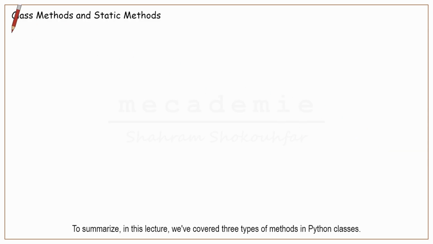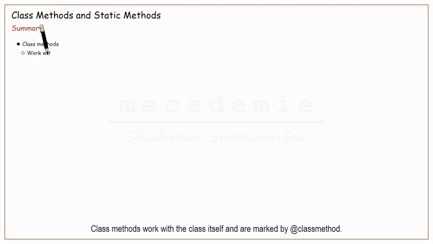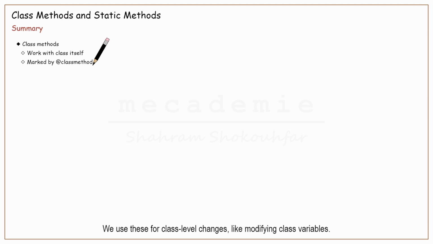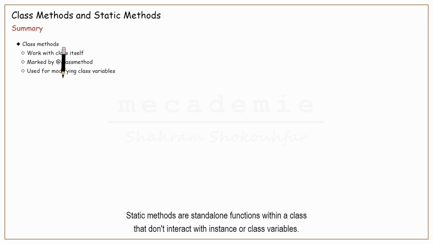To summarize, in this lecture, we've covered three types of methods in Python classes. Class methods work with the class itself and are marked by @classmethod. We use these for class-level changes, like modifying class variables. Static methods are standalone functions within a class that don't interact with instance or class variables.